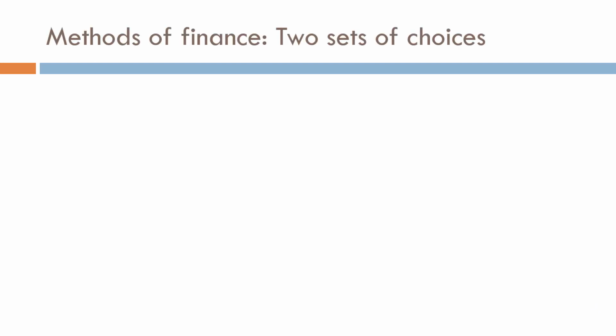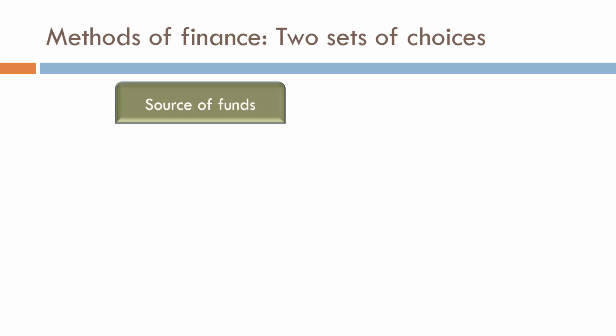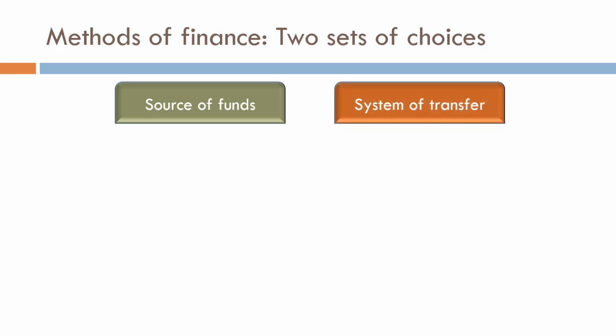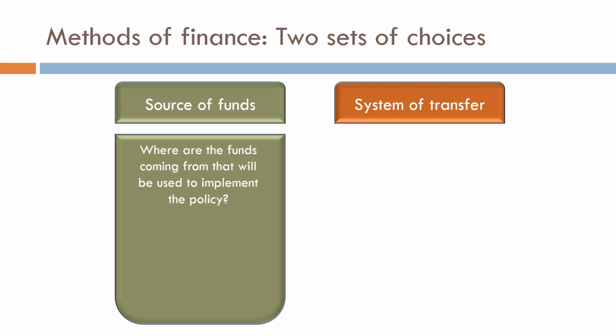Now, there are two methods of finance in the Gilbert and Terrell framework, and these involve two sets of choices. First, we have to understand what the source of the funds is. And then also the system of transfer. So when it comes to the source of funds, this has to do with the basic question of where the funds are coming from that will be used to implement the policy.